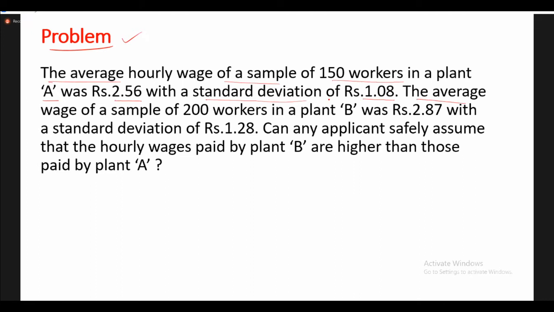The average wage of a sample of 200 workers in plant B was rupees 2.87 with a standard deviation of rupees 1.28. Can any applicant safely assume that the hourly wages paid by plant B are higher than those paid by plant A?